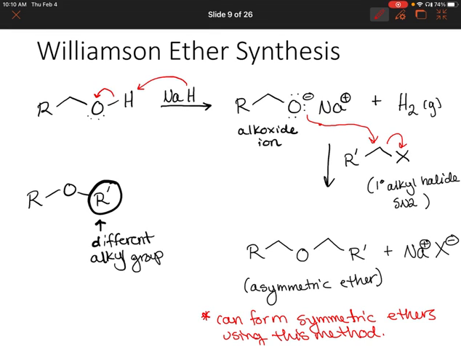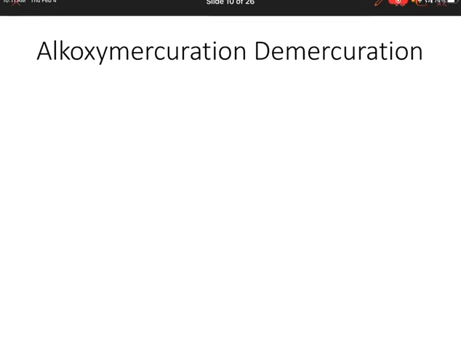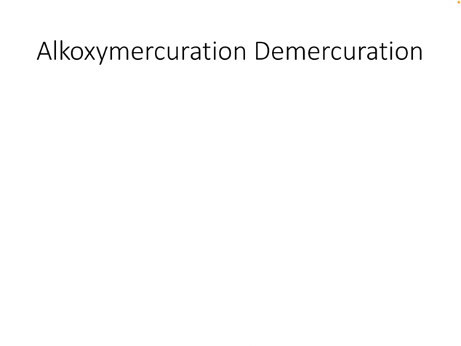All right, so let's look at another way to make ethers. So this method is called alkoxymercuration demercuration.